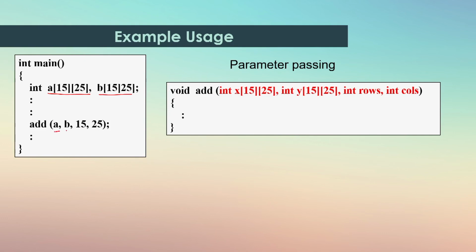A and B are the starting addresses of the arrays, and 5, 15 and 25 are the row value and column value, which can even be passed as parameters to the function. We can see how the parameters are received as formal arguments. The actual arguments are passed and received by the function, and it goes ahead with operating on the two-dimensional arrays.